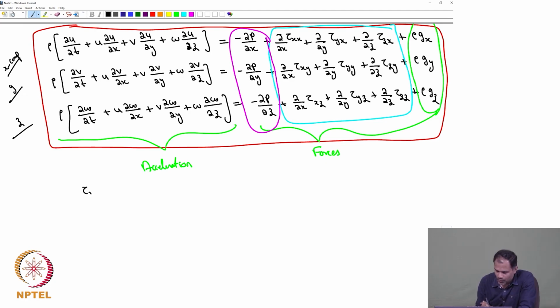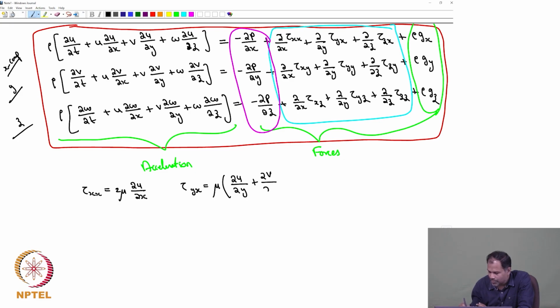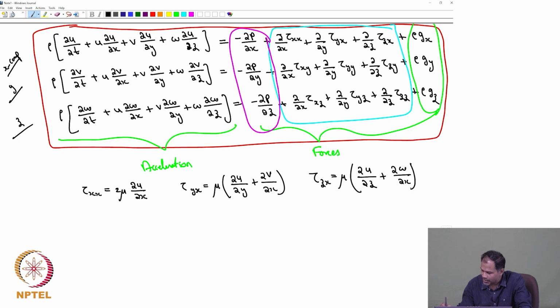So, tau xx is nothing but 2 mu times ∂u/∂x, tau yx is mu times (∂u/∂y plus ∂v/∂x), tau zx is mu times (∂u/∂z plus ∂w/∂x).